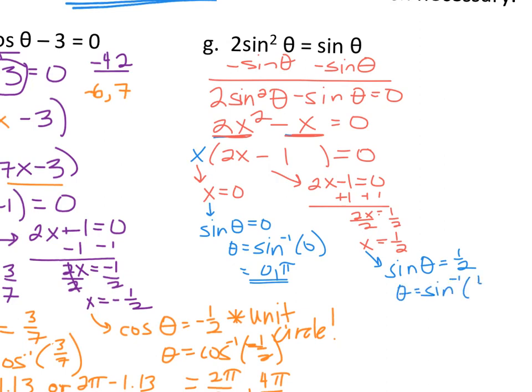And once again, this one's also unit circle friendly. Where does sine equal positive 1/2? Now this is our y coordinate. It would be on the left side and right side again, up in quadrants 1 and 2. On the right side, sine equals positive 1/2 at pi over 6. And then over at the left, it would be 5 pi over 6.